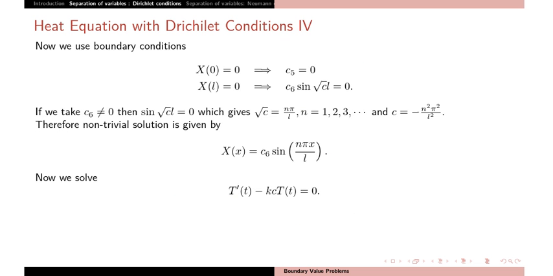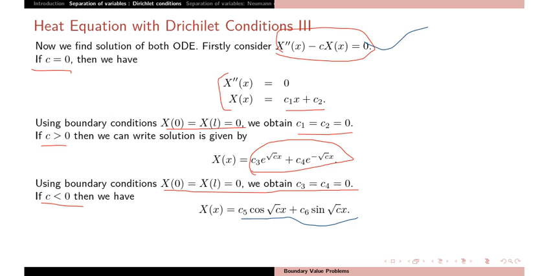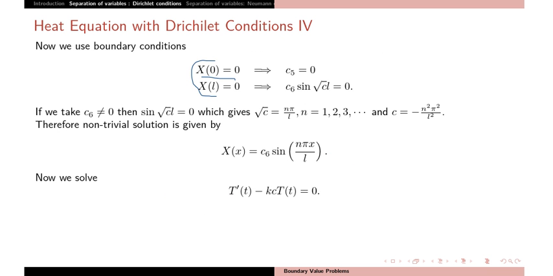So now use boundary conditions. When X(0) is 0, the first gives C5 cos 0, and cos 0 is 1, so C5 is 0. If X(L) is 0, since C5 is 0, the second term C6 sin(root c L) must be 0. C6 cannot be 0 for a non-trivial solution, so sin(root c L) will be 0.